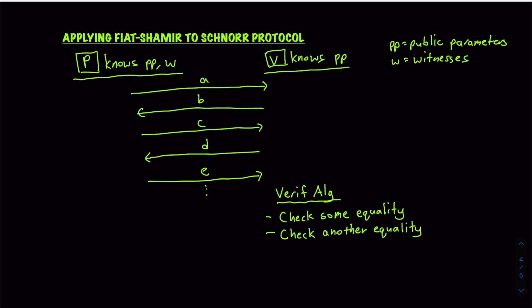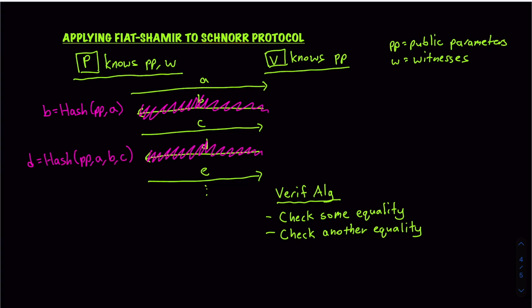The basic rule of thumb is simple. Every time the verifier would normally generate randomness and send it to the prover, we instead have the prover generate that randomness by hashing the transcript. And remember, at each step, the transcript means everything that has happened in the protocol so far. So for example, if we have something like this, this message will be replaced by the prover hashing these messages above. And this message will be replaced by the prover hashing these messages above.